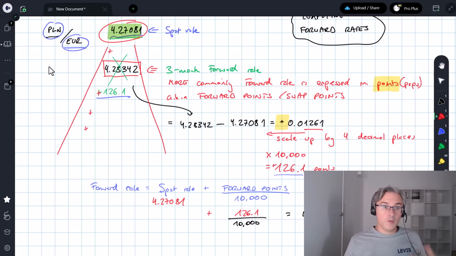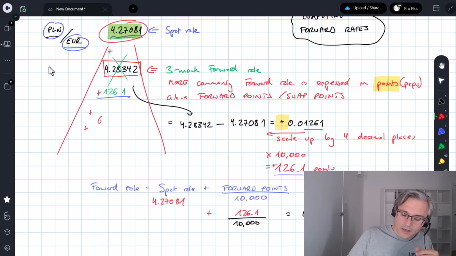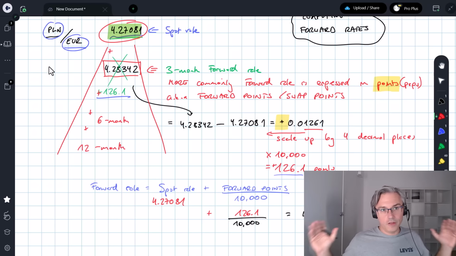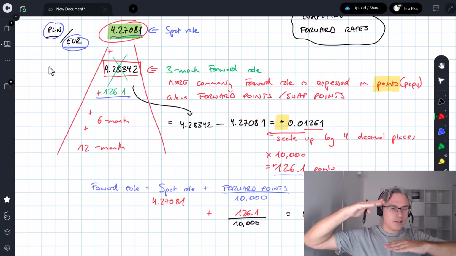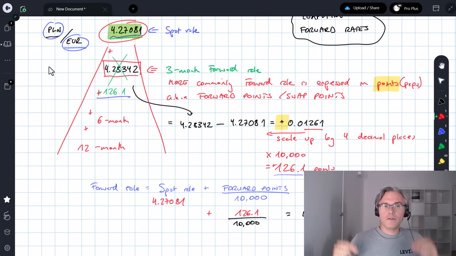So if you were quoted a 1 week forward rate, it would typically have fewer swap points than a 3-month. A 6-month would have even more, and 12-month or further out into the future would be even higher. That works both ways. If you're adding swap points, you add more, but if you're deducting forward points, you also have to deduct more.